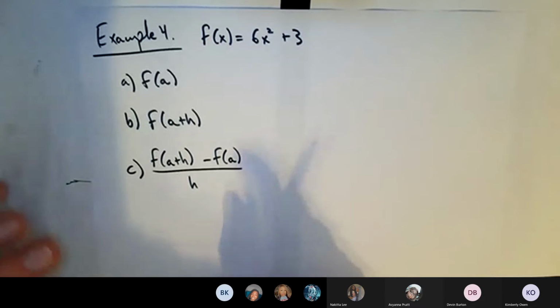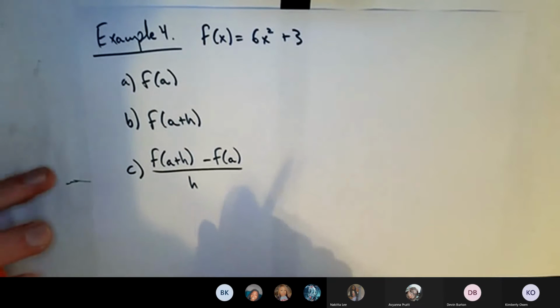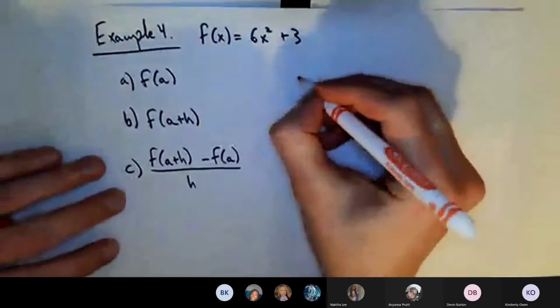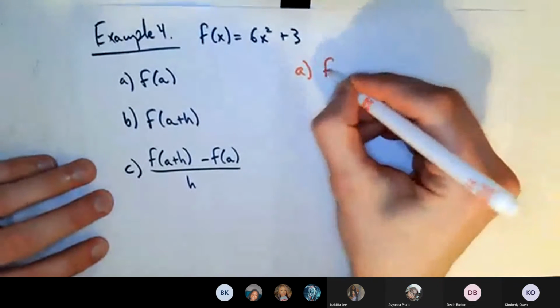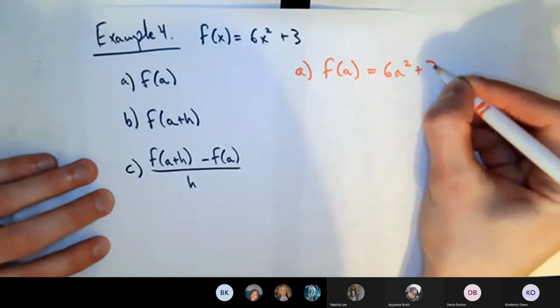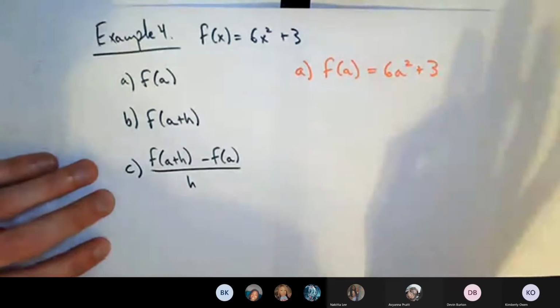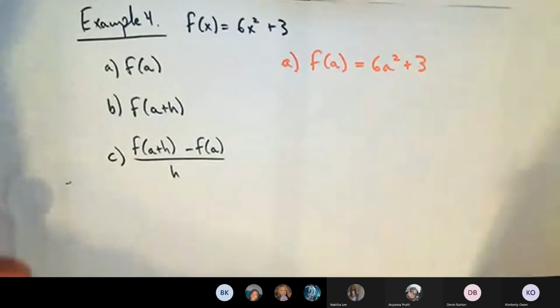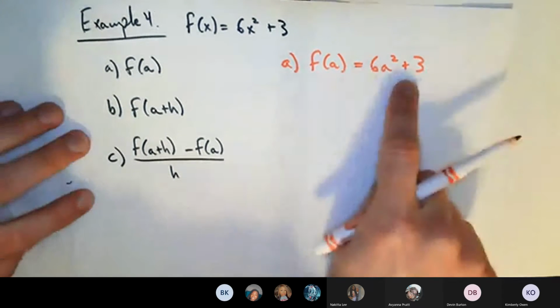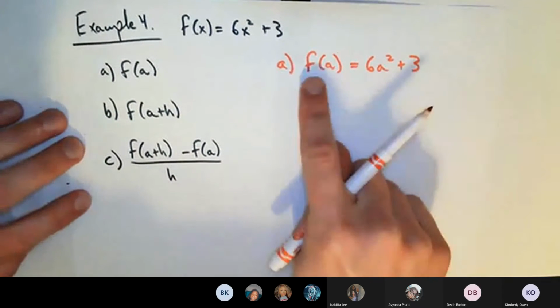But it's also just a good exercise for pre-calculus students. Okay, so part A, solutions in red over here. F of a is literally just rewriting the function with the letter a instead of x. There's not really much else to say there. So that's the answer for part A, 6a squared plus 3.